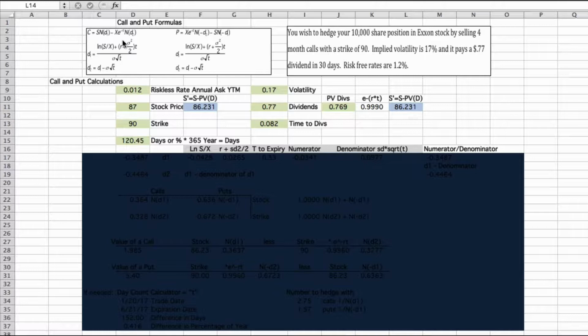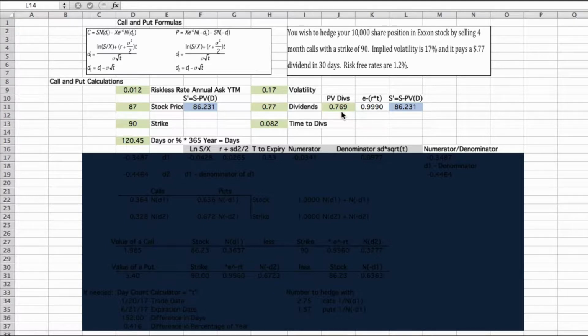And I always start again with finding D1, D2. And in this problem, because there's a dividend, everywhere you see the S is going to be what I'd call an S prime, the stock price net of the present value of dividends.